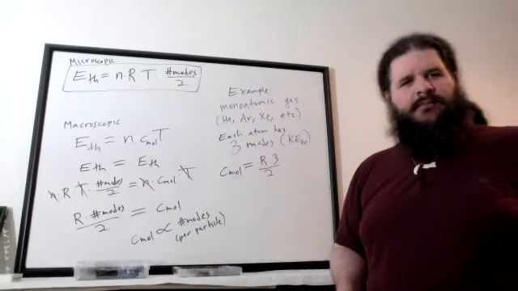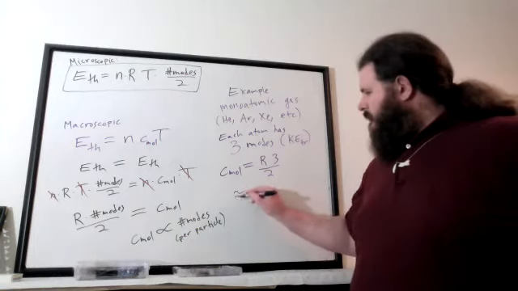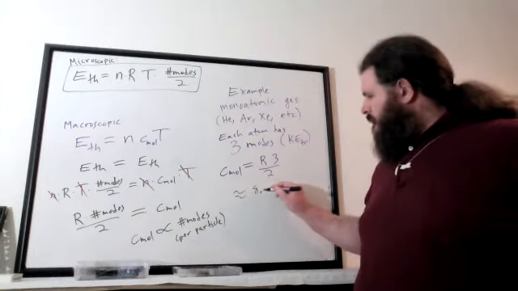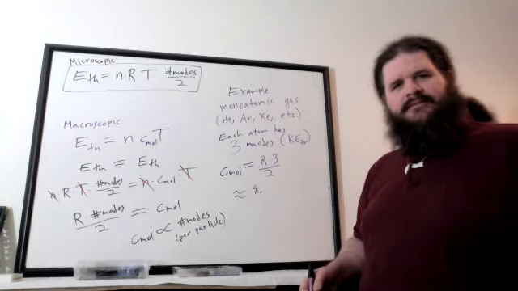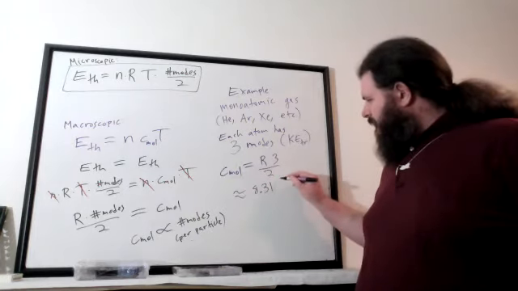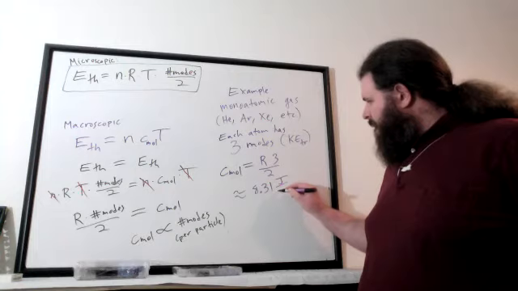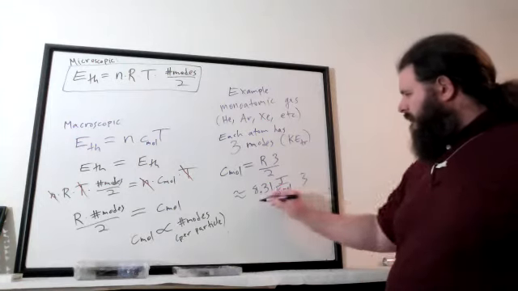R is what, about 8.3-ish, 8.31? Is it 8.31 or 8.13? I forget. 8.31. Thank you. And I believe that is joules per Kelvin mole, times 3 divided by 2.